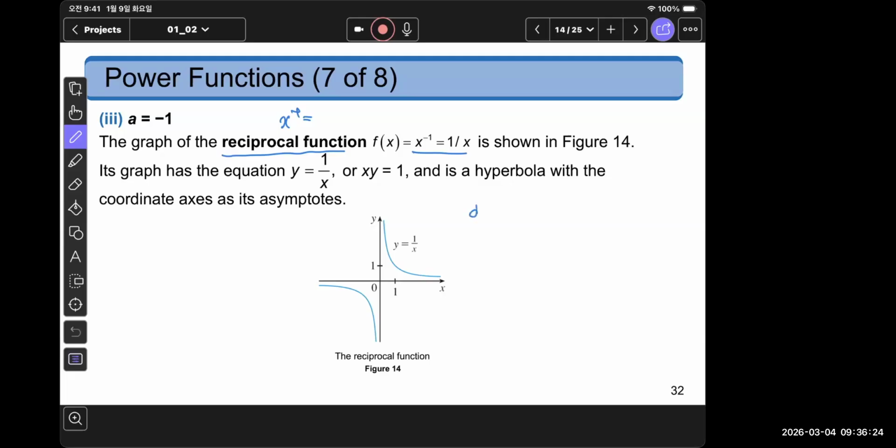So the domain for the reciprocal function will be negative values and positive values except 0. The function is not defined at 0. And the graph will be a hyperbola as in figure 14. So those are some special cases of power functions.